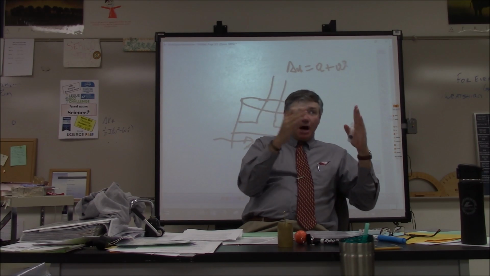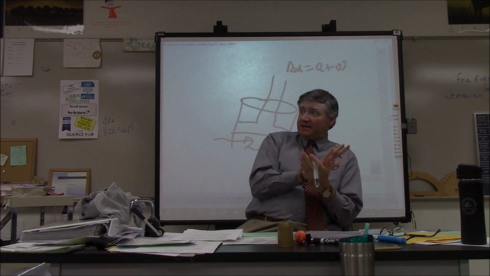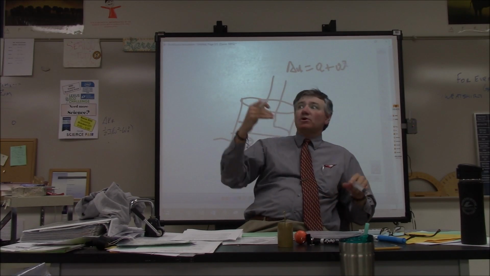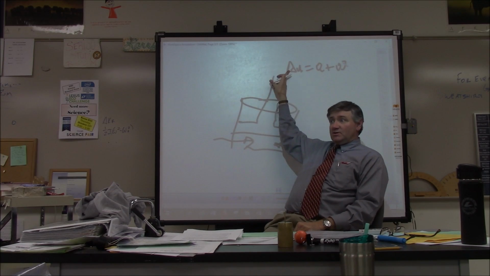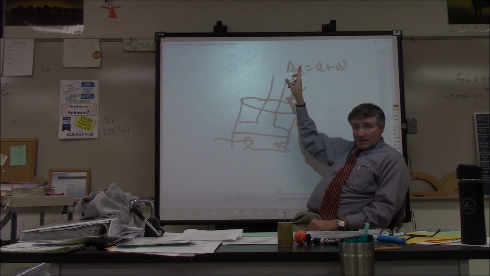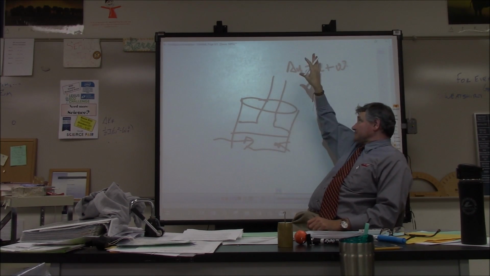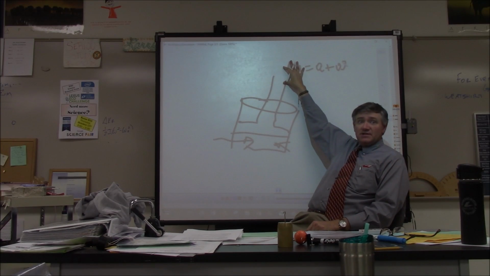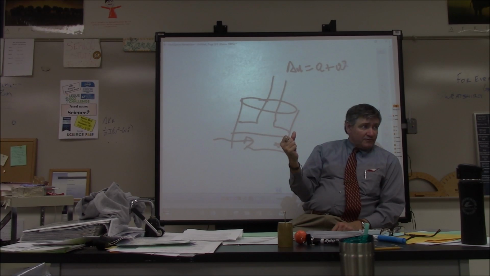If work is done on the system, like if you remember what I did with the fire syringe when I pushed that down, I did work on the system. That greatly increased the delta U because I had a positive W. So I had a positive delta U. I compressed that thing very rapidly, greatly increased the internal energy of the system, and we lit that cotton on fire.